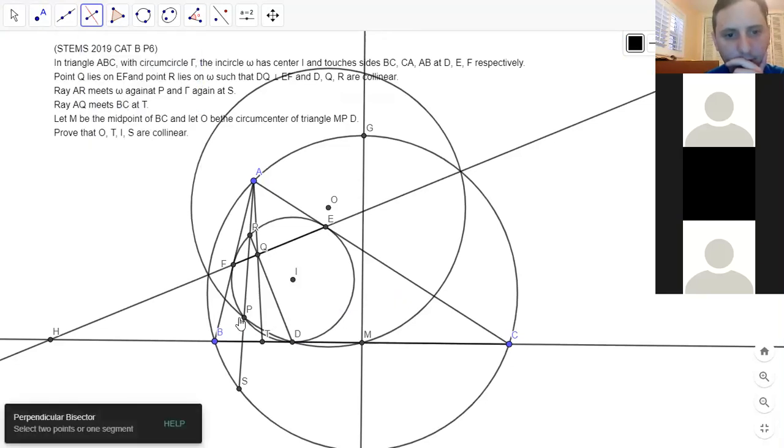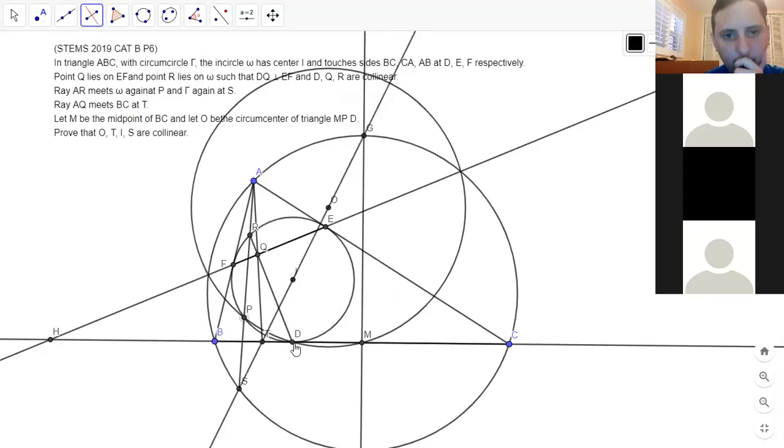So you're saying this whole line is just the perpendicular bisector of PD. Yes. That's kind of silly. I don't know why they gave the midpoint. They were just trying to trick you, I guess.